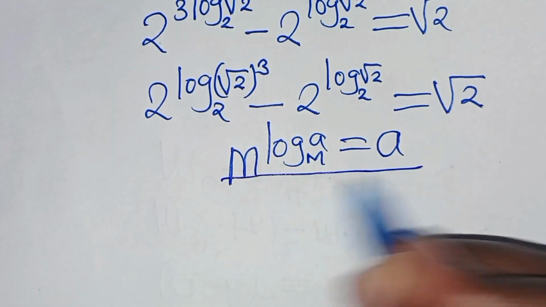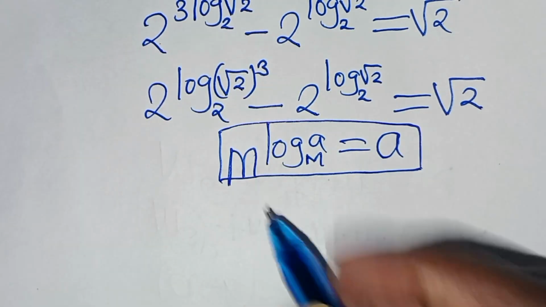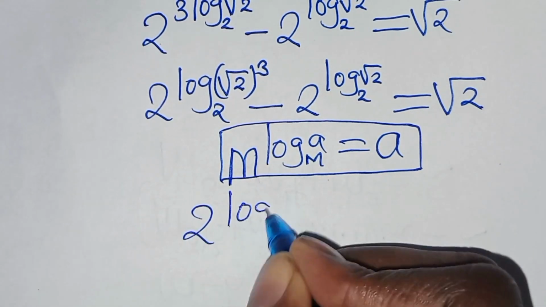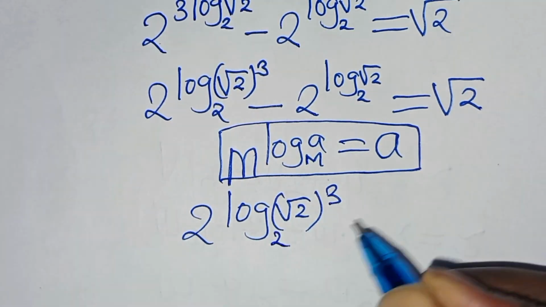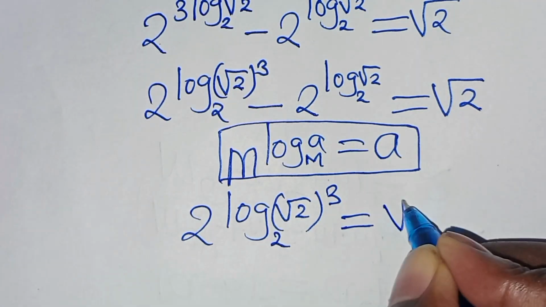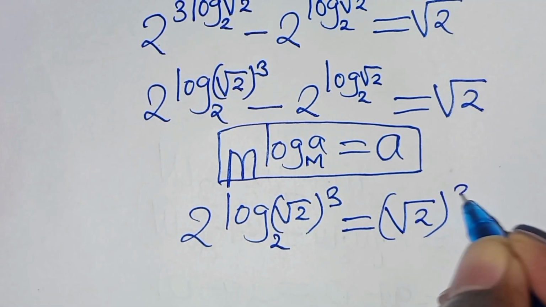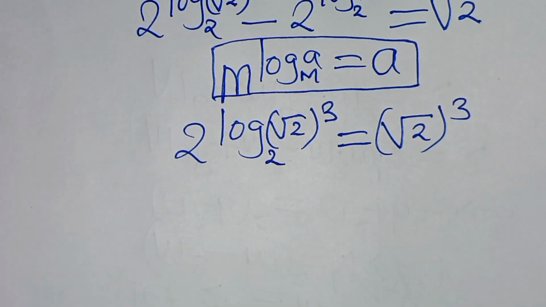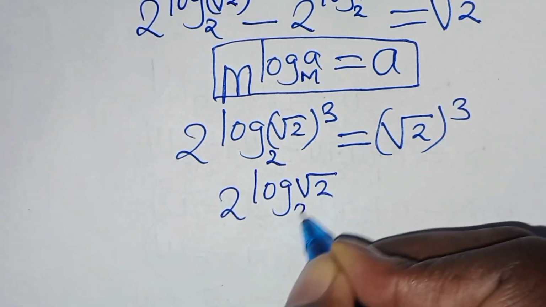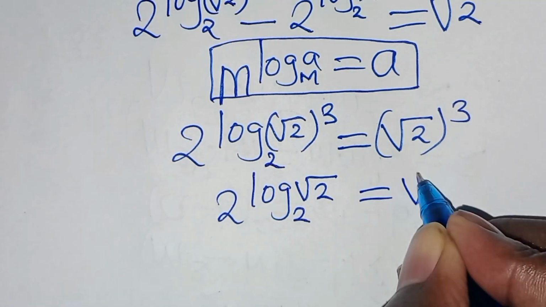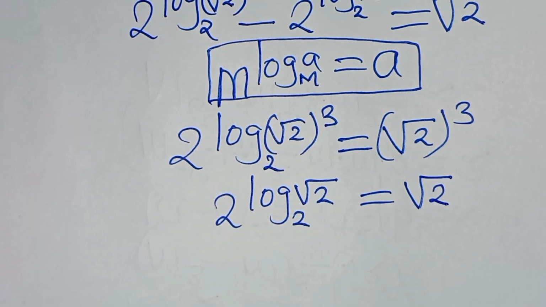Now applying this logarithm property, 2 to power log square root of 2 raised to power 3 to base 2 should give us a value of square root of 2 to power 3. And 2 to power log square root of 2 to base 2 should give us a value of square root of 2.